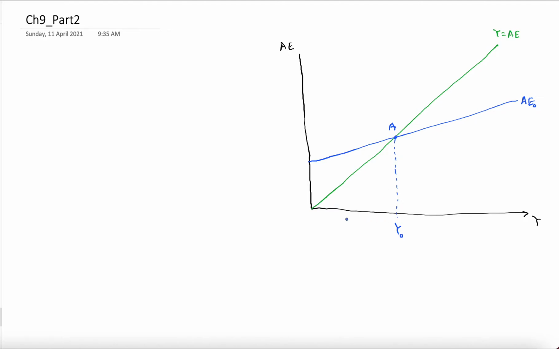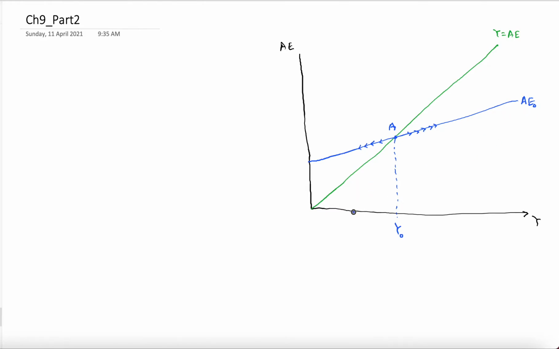If the income is less than this, we are moving along this, and if the income is increasing, the plan of the people moves alongside this curve.